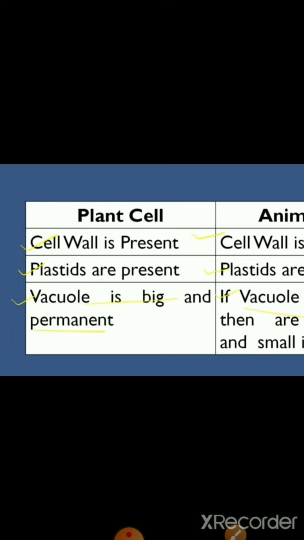Plastids, if we talk about plastids, they are always present in plants because they have chloroplast.